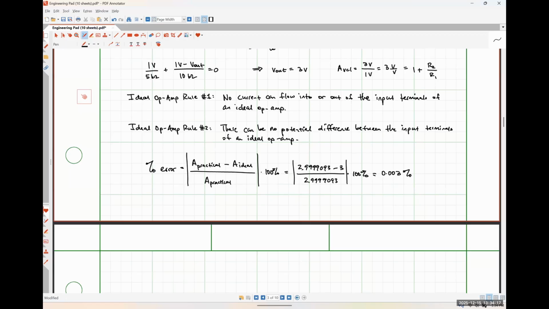And what you should find is that even with very poorly designed op amps, in a negative feedback system, the ideal op-amp model will only introduce less than 1% error, okay? So essentially, from here on out, anytime we see a negative feedback op-amp circuit, we should just use the ideal model because it isn't worth the effort of using the practical model because it doesn't produce enough error to make it worthwhile.